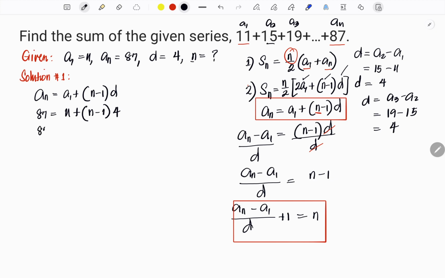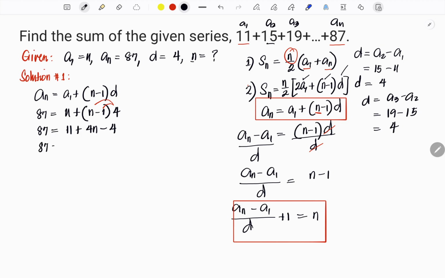And let's simplify this. We have 87 equals 11 plus, so we need to simplify this by distributing 4 inside the parentheses. So 4 times n, we have 4n, and 4 times negative 1, we have negative 4. And let's simplify further.